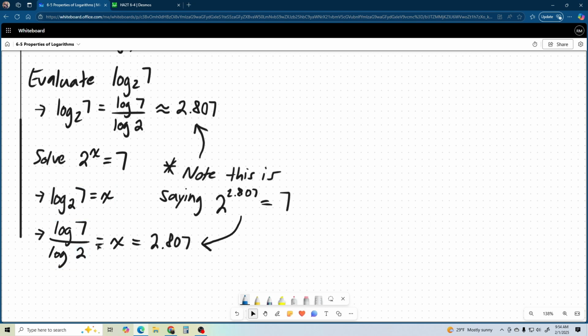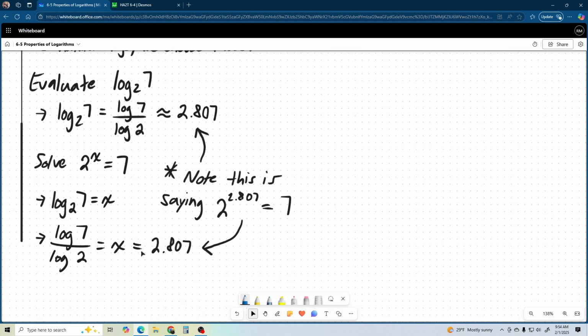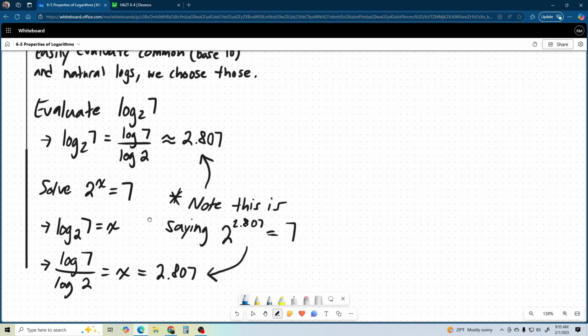We can do this and we can evaluate this, which we did up here, right? I used the same problem for a reason, right? We still get the 2.807, but you can see that both of these things are the same way of saying that 2 to the 2.807 equals 7. And like I just said, that makes sense, right? It should be somewhere between 2 and 3, and 2.8 is somewhere between 2 and 3.